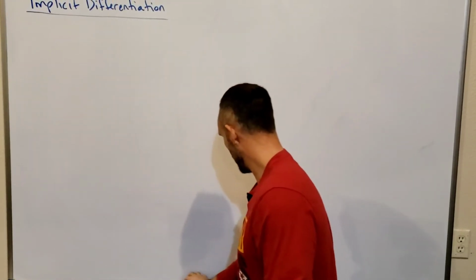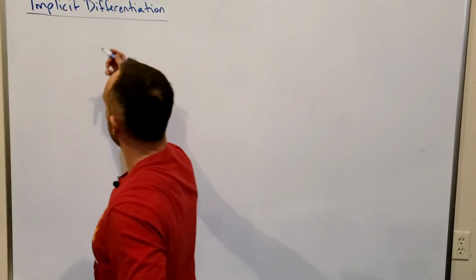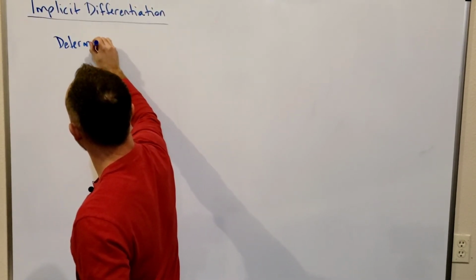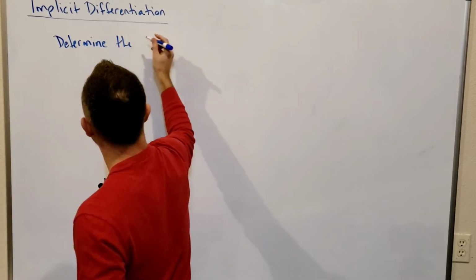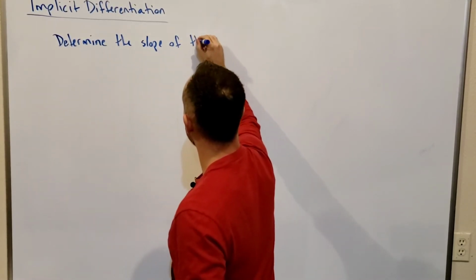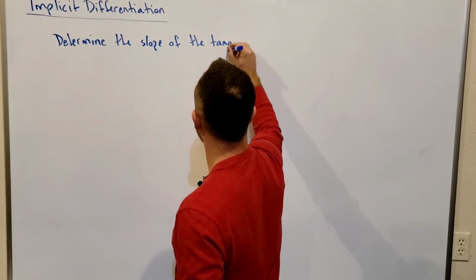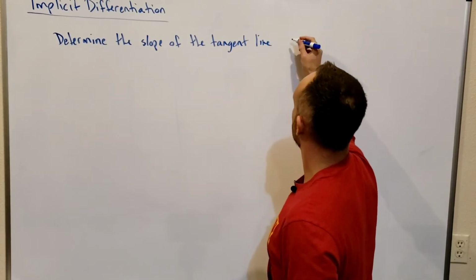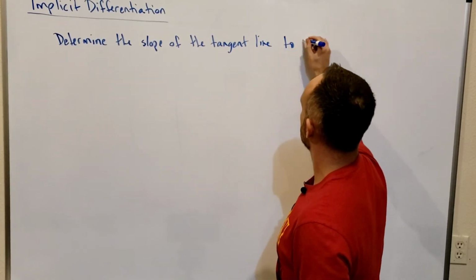Now, if you recall the question, let's say we want to determine the slope of the tangent line to the curve.